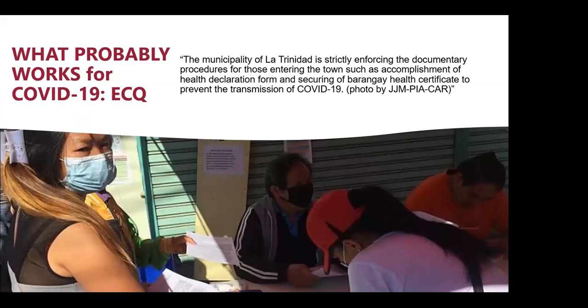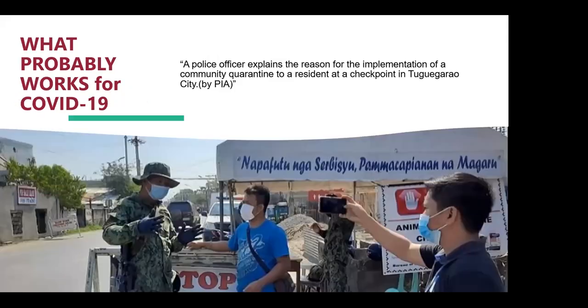And very little movement was allowed, both in the city and in various points in the island of Luzon, so that's in various provinces. So people would really want to stay at home because they didn't want to go through this difficult process of having to be checked at checkpoints.